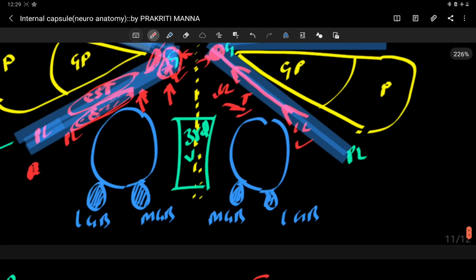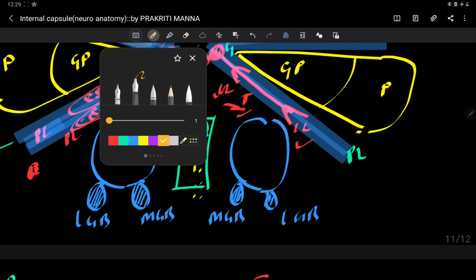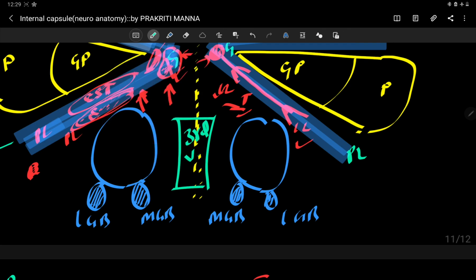Now you can see from the medial geniculate body the fibers are coming and passing through the sublentiform part of the internal capsule, below the lentiform nucleus, and then reaching your primary auditory cortex.